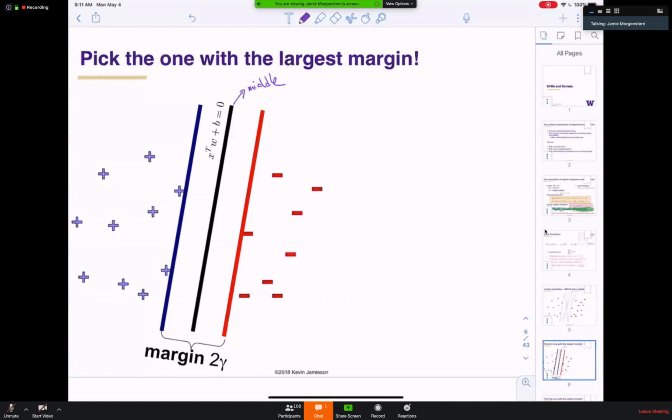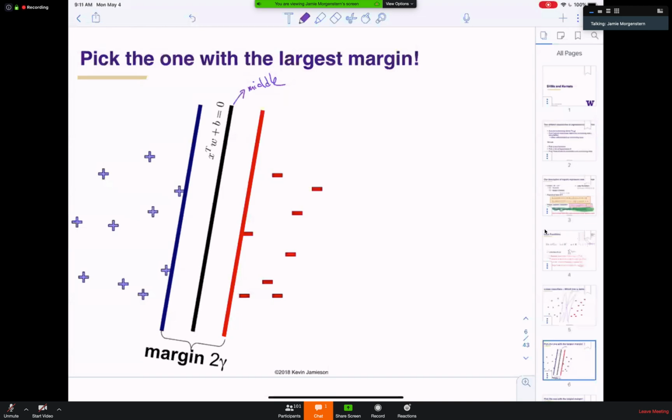What we mean is when we draw the line, and then we draw basically parallel lines to that separator in a way that puts as much space between the decision boundary and those lines, but continues to keep all of the positive examples on one side and the negative examples on the other side of those two parallel lines, right?